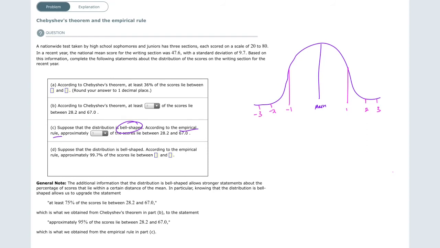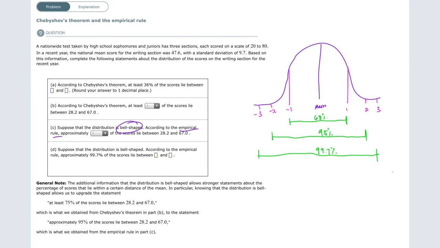The rule is if I am 1 standard deviation away from the mean, 1 on each side, 68% of the people would fall between those two. If I'm 2 standard deviations away, it's 95%. If I'm 3 standard deviations away, it's 99.7%.